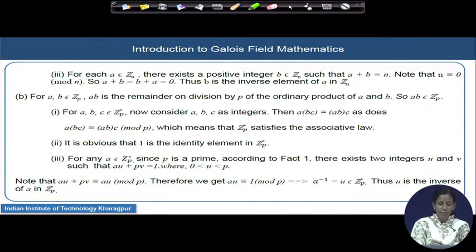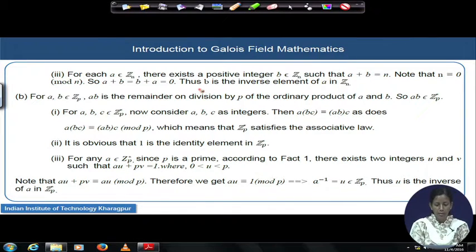Now, for each and every A that belongs to Zn, there should exist a positive integer B that also belongs to Zn, in such a way that when this operation is going on, it is equal to n. Note that n is equal to 0 mod n.